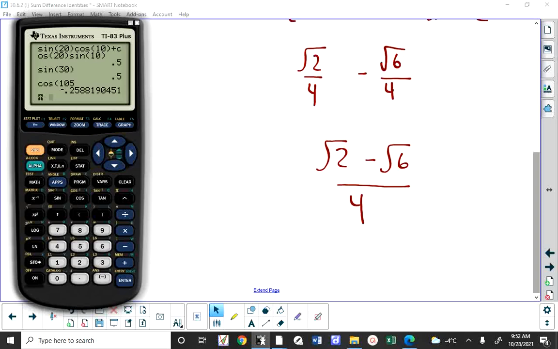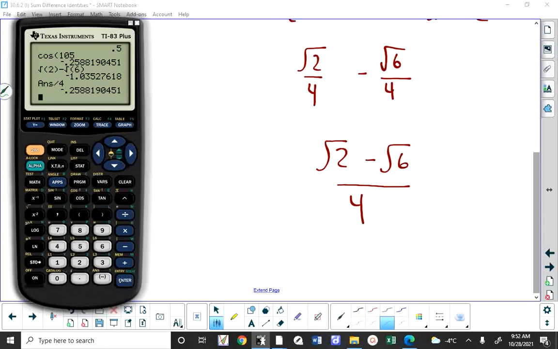Root 2 minus root 6 divided by 4 is that number. And this is a numerical response style question. I would never give you a multiple choice where this is here, because you could just put it in your calculator and see if it matches your calculator.